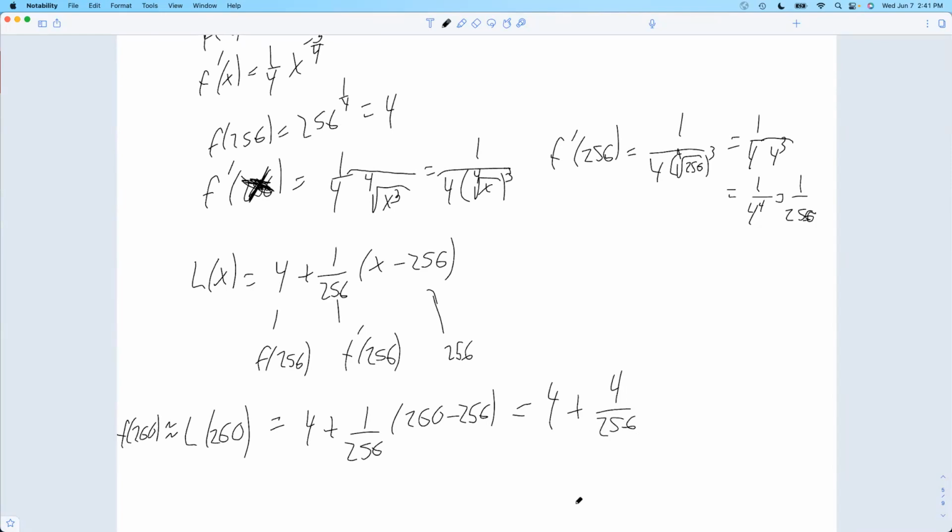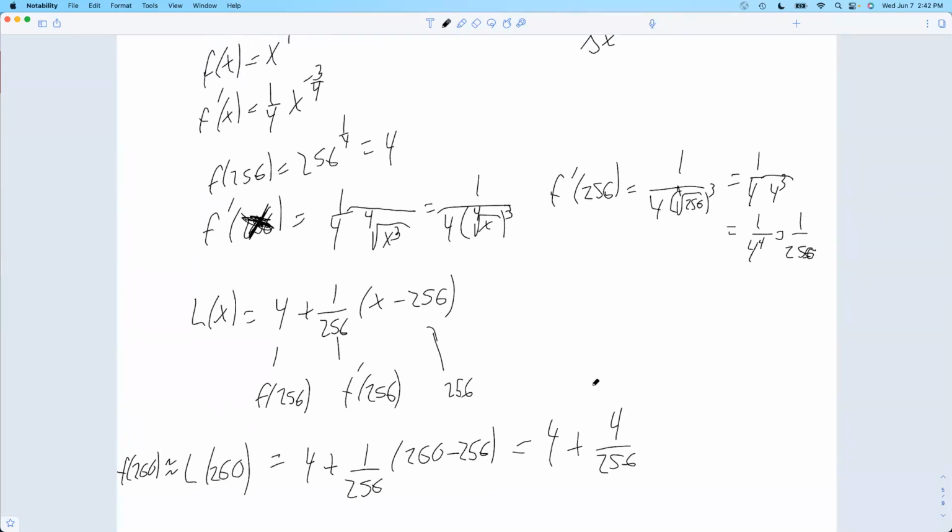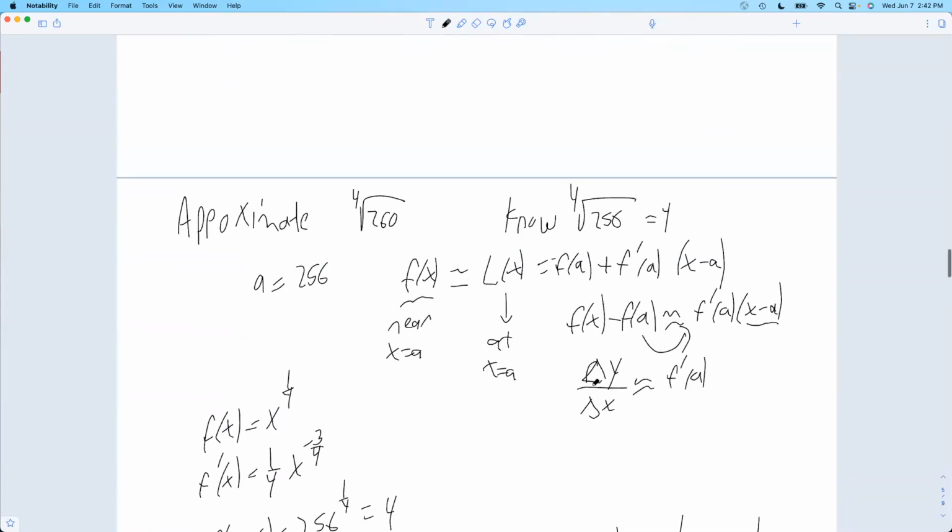Now again, I'm going to get a calculator out to do this. If you lived in the 17th century and you were Isaac Newton and you had to calculate this, you would just do that by hand. But doing this by hand is a million times easier than doing this by hand.